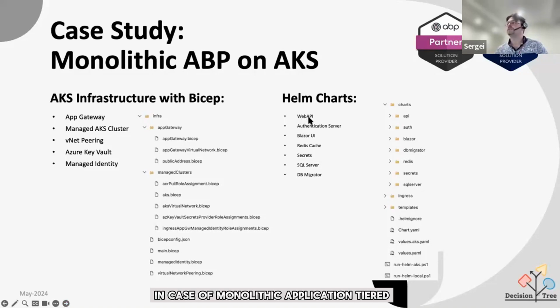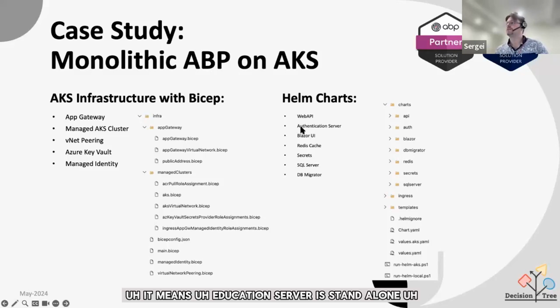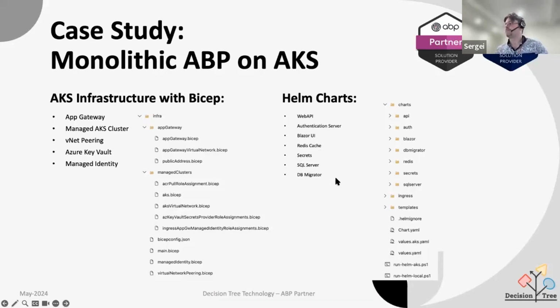In case of monolithic application, tiered, it means authentication server is standalone. You will have Web API, authentication server, Blazor or other UI tier, Redis cache, secrets, database, in this case SQL Server, and DB migrator.